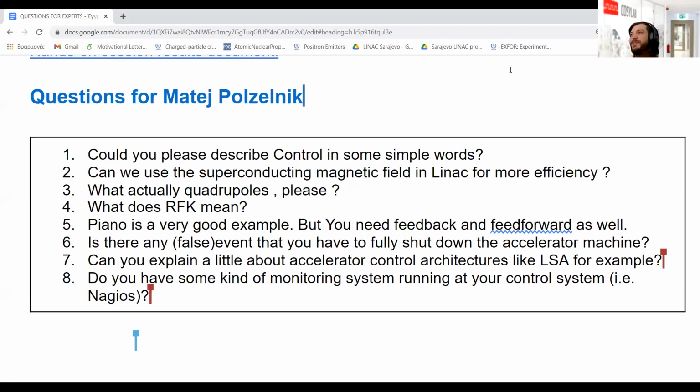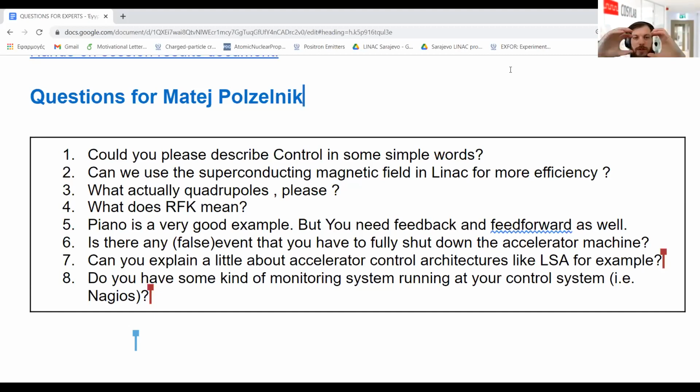It's hard without a picture, but basically a quadrupole generates magnetic fields in, for example, the up-down direction and the left-right direction, and they focus the beam with a magnetic field of this shape.